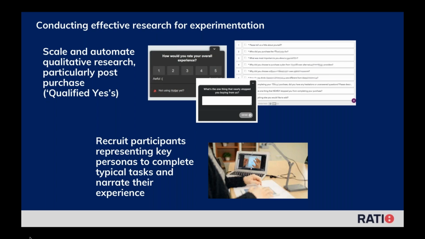And obviously, we also look at other methods of qualitative analysis, like research using tools like Hotjar, where we can ask users about their experience and try to solicit information about where there were problems or pain points, or what could be improved.